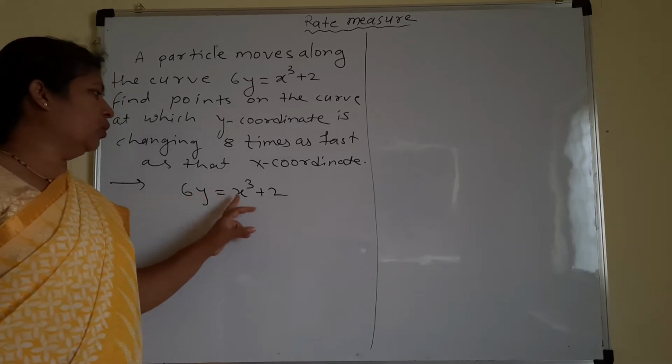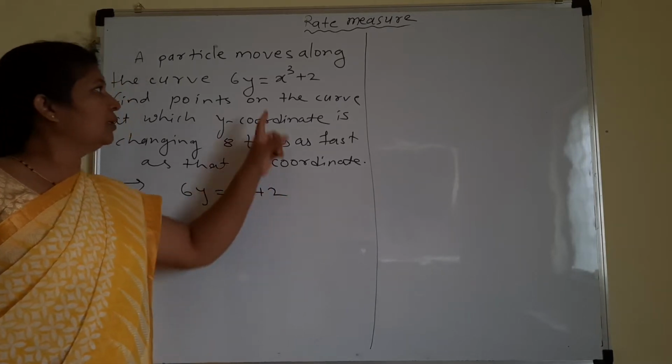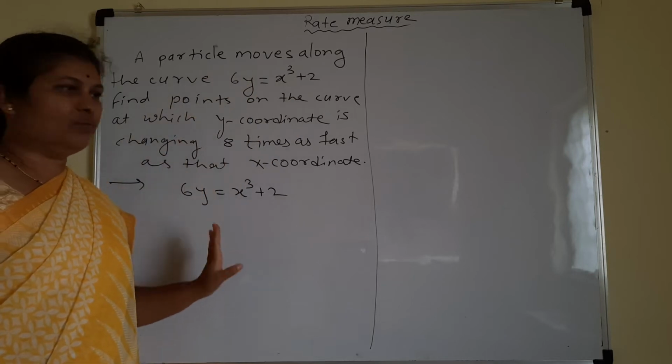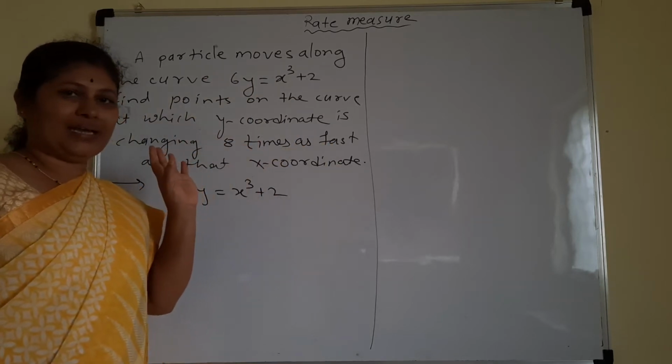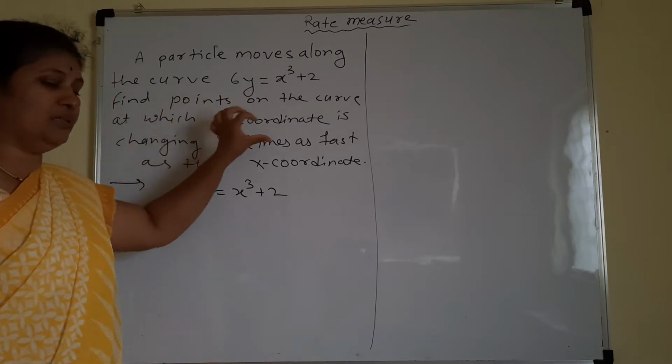So 6y is equal to x cube plus 2 is the given curve, the given equation for us. The y coordinate is changing 8 times as fast as the x coordinate. What is the meaning of this statement?